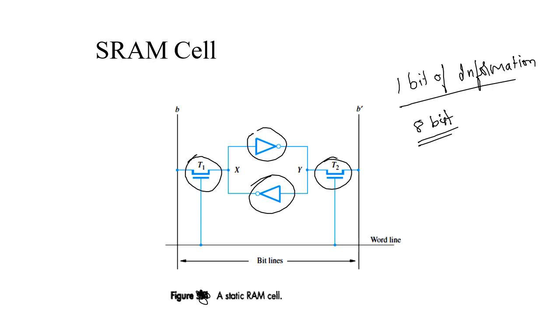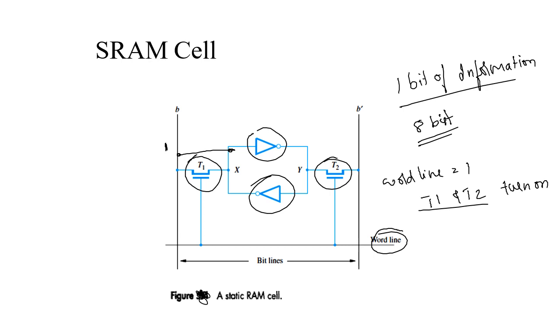The read and write operations are enabled by the word line. When the word line becomes 1, the transistors T1 and T2 turn on. When T1 and T2 turn on, there is a short between this terminal and this terminal, which means whatever status is present in the bit line gets stored here.